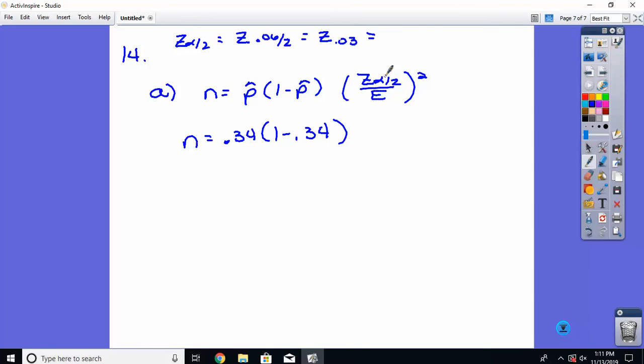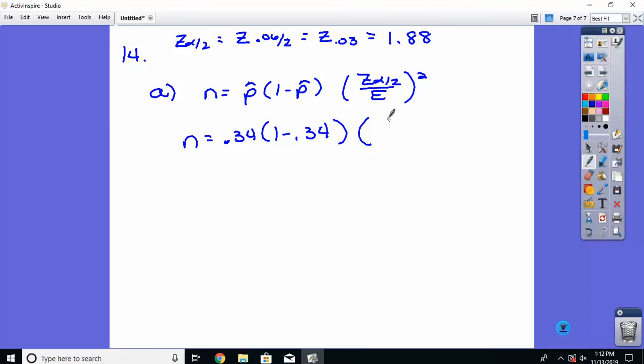This one is not on the bottom of the table. I want everybody looking right now. You are finding the 97% inside the table. So looking on the inside, look for 0.97. And the closest we get, 1.88. You can expect at least once, if not more than that, to have to look that up on the test.